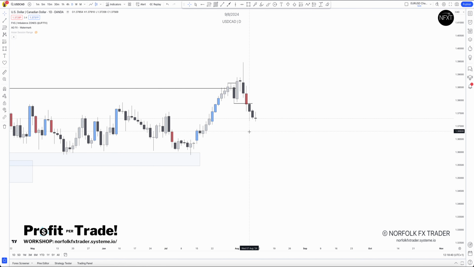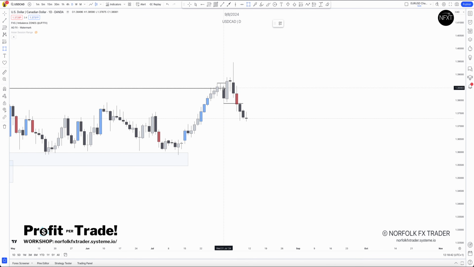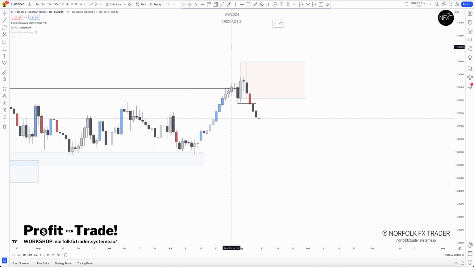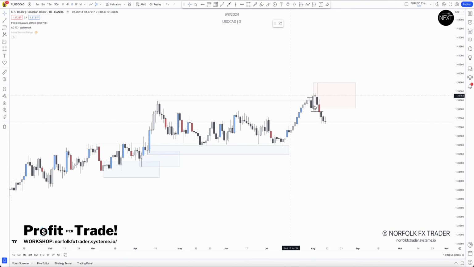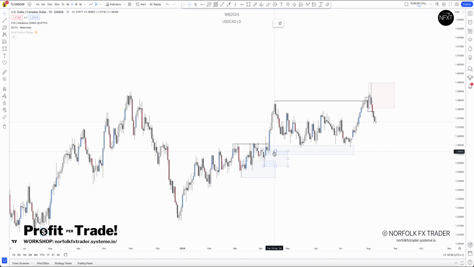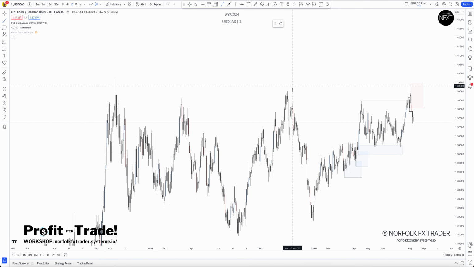So now we have a new area of demand that you can mark right here has been removed. If demand got removed, it got removed by what? A new area of supply. So you have price reversing here, creating a new area of supply. Now, do we make a sweep? Well, there's a swing high.